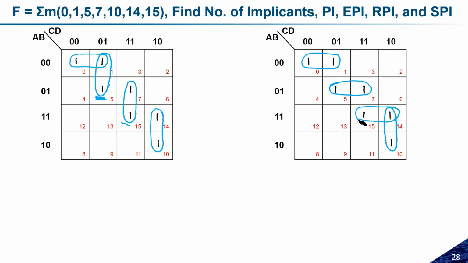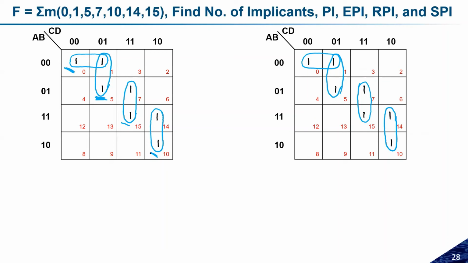The fourth possibility could be I make the pair with this one and with this one. We have already done it, right? There are other possibilities as well, but those are not mandatory, not essential. So I have only two pairs that are essential, this one and the last one. So we have these two essential prime implicants.